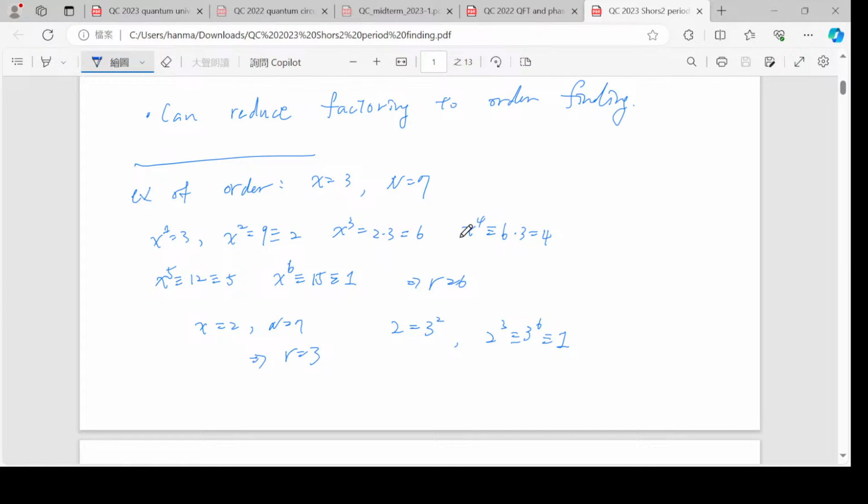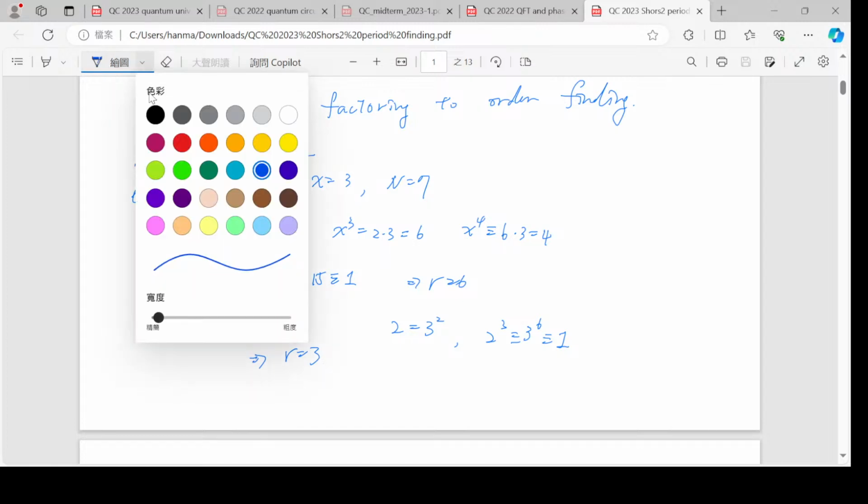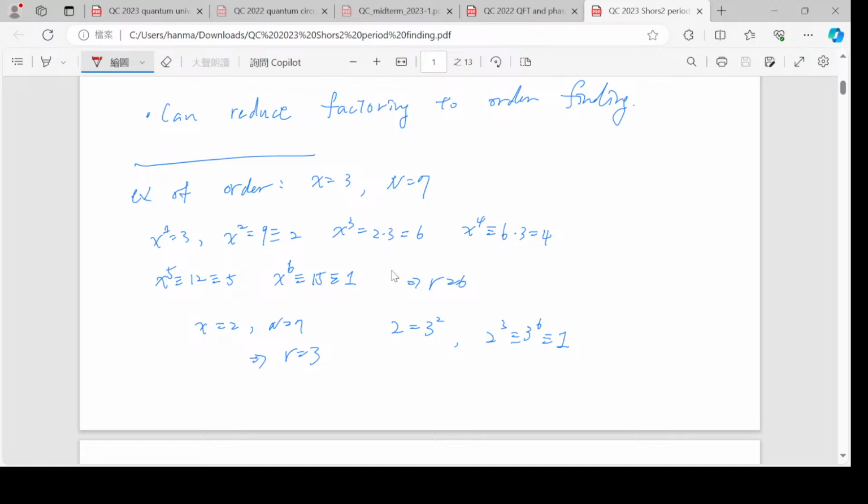So here, it's 2 times 3 equal to 6. And then it's just doing the same thing. x to the 4 equal to 6 times 3, that's 18, and then minus 7 becomes 4, etc. Then x to the 5 equal to 5, x to the 6 equal to 1.